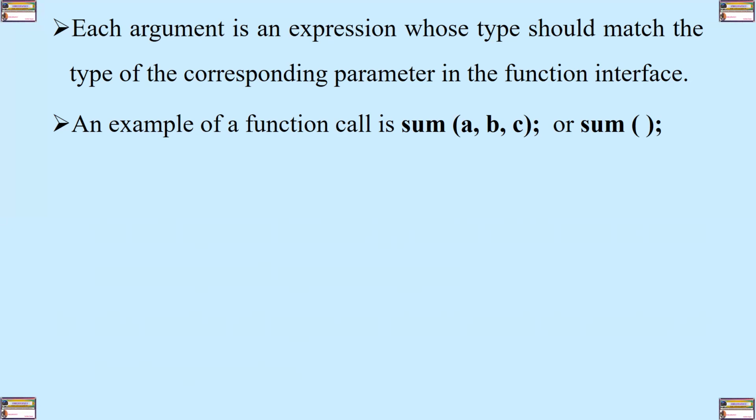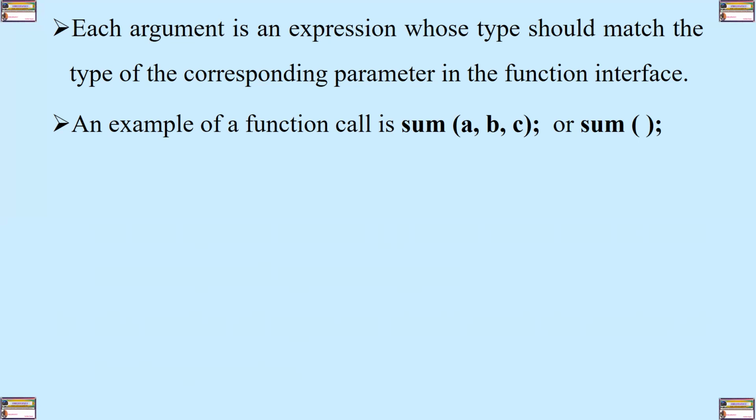It simply means that we have a function somewhere called sum, which is supposed to compute the sum, and that function requires three values to be passed to it: the values in memory locations A, B, and C. So that is one call statement.